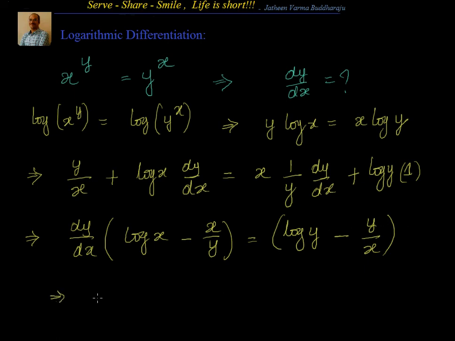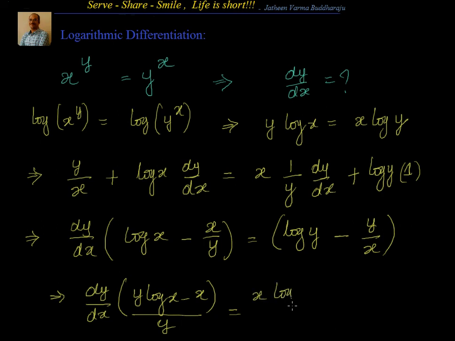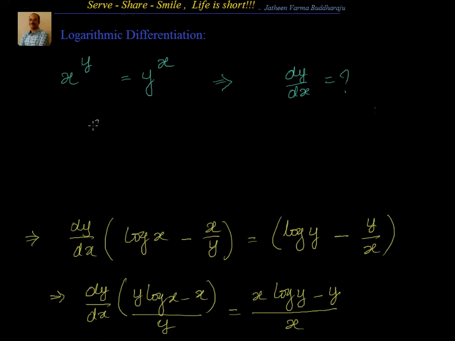If I simplify that, I will have dy by dx into y log x minus x divided by y is equal to x log y minus y divided by x.